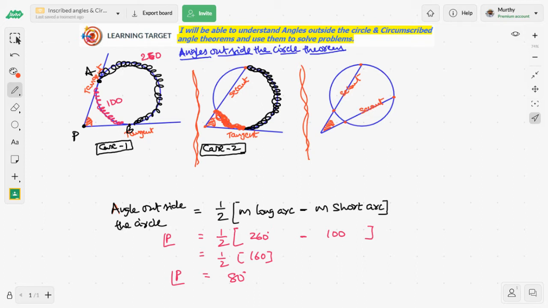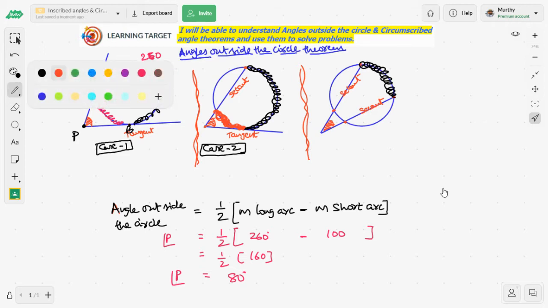You cannot take the entire thing. In the same way, if you take the third case, there are two arcs. One is this one, and the short arc is this one.